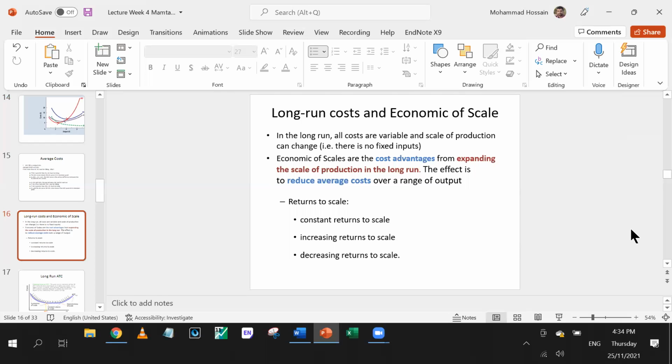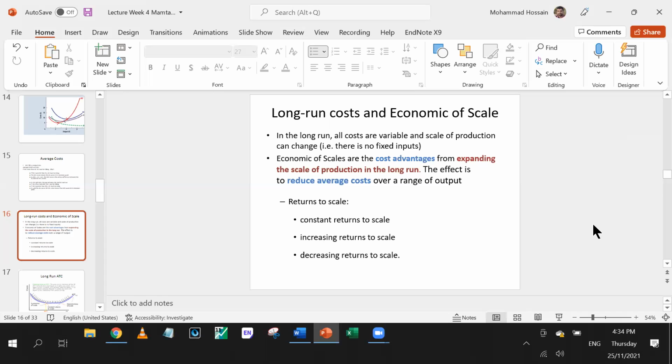So when your scale of production is big, because of a bigger economy of scale, your return will be sometimes high, sometimes the same, sometimes low. So one is constant, which means it remains the same. Increasing returns to scale means the return is increasing, and decreasing means it is low.